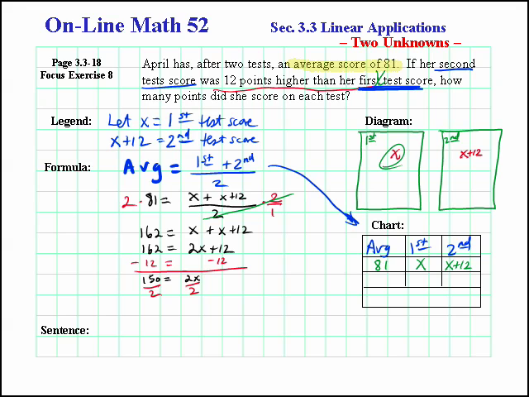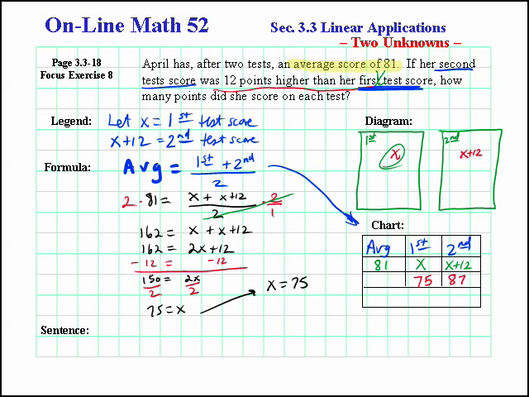And now we're looking at 75 is equal to x, or x equals 75. Again, because we have our legend, I'm able to easily identify that x being 75 is the first test score. 75. And the second one is x, that's 75, plus 12, which is 87.